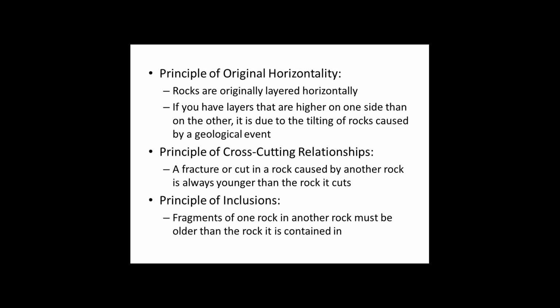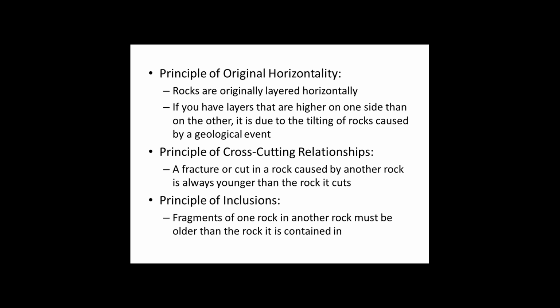It's not that one area was layered way more thickly and the other only got a thin little layer. The tilting of the rocks was caused by some geological event, probably either uplift, which we talked about, or an earthquake or something. So that's the third one.